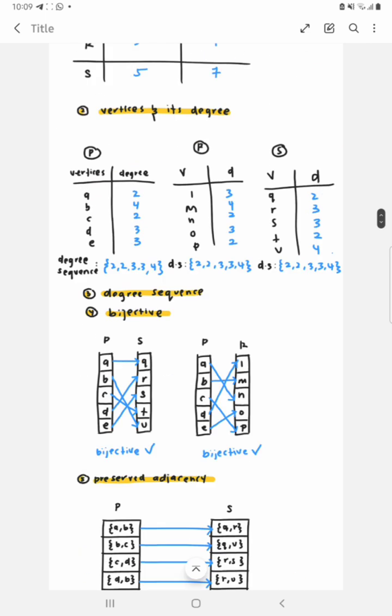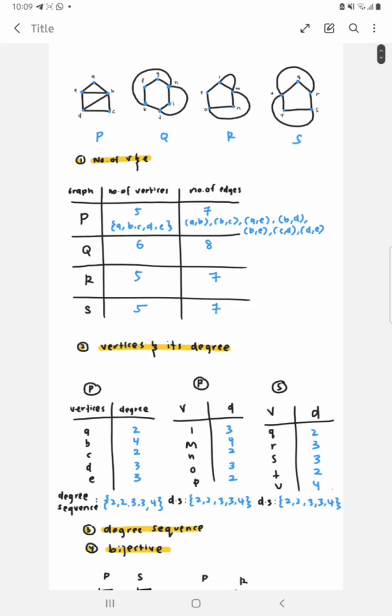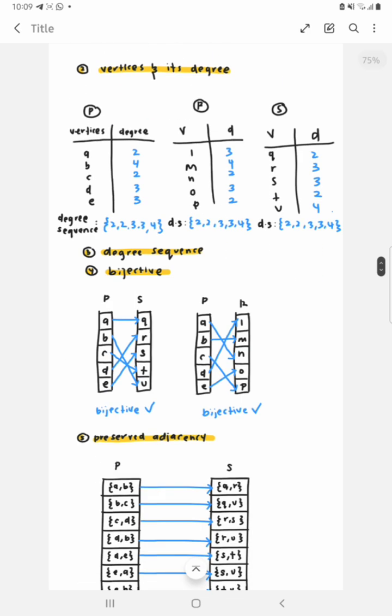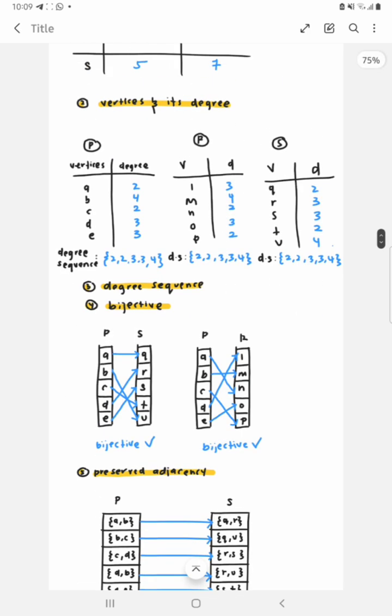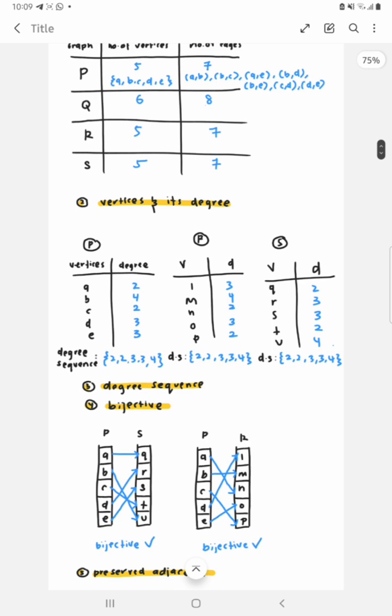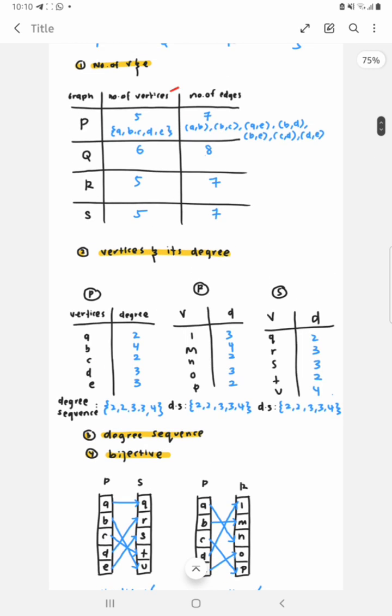So recap, we have 5 steps. First, find the number of vertices and edges, with the number and also the alphabet. Okay, and then step 2, vertices and degree. Just now it was vertices and edges, but here it is vertices and degree. Just list down the vertices A, B, C, D, E. Okay, and then the degree you have to search from the graph.